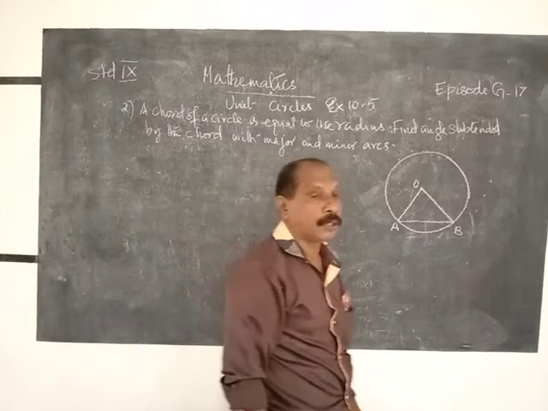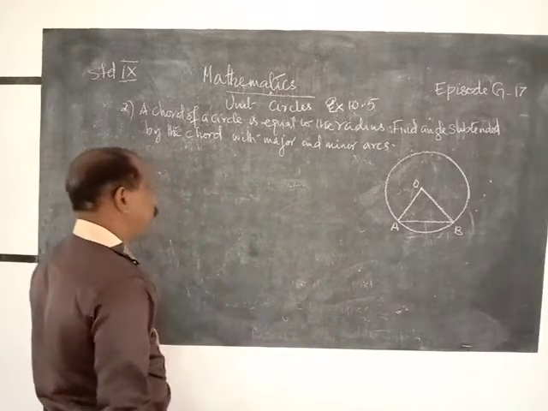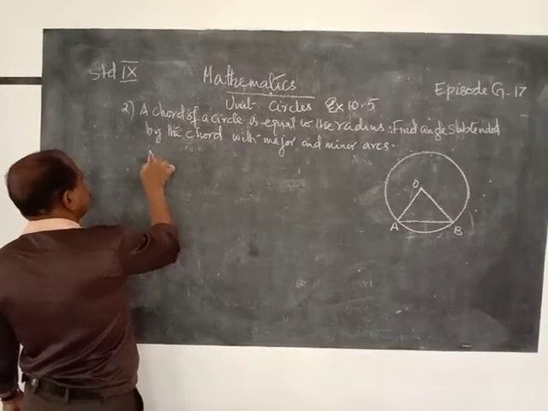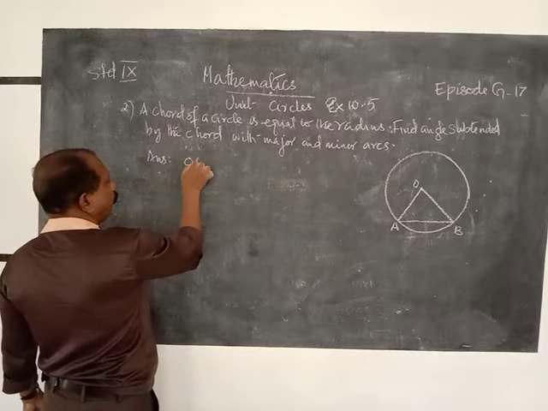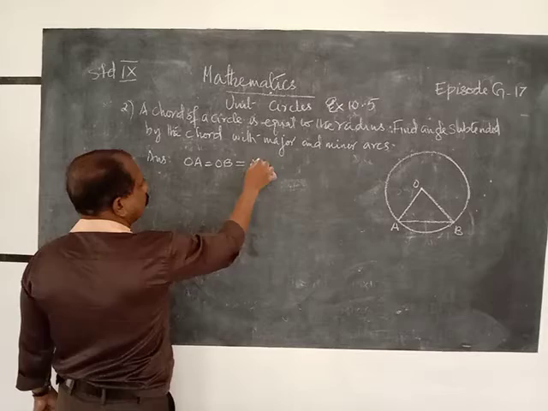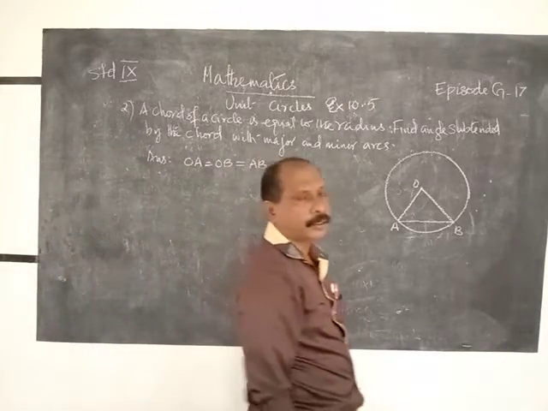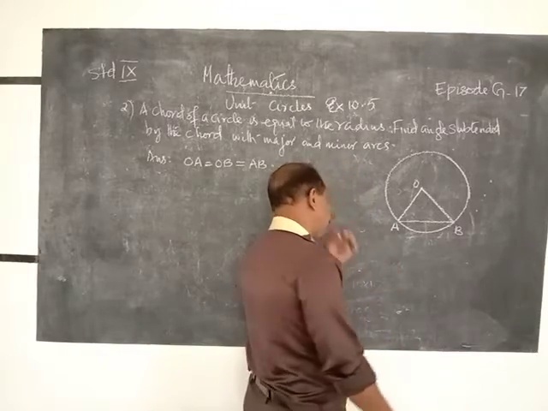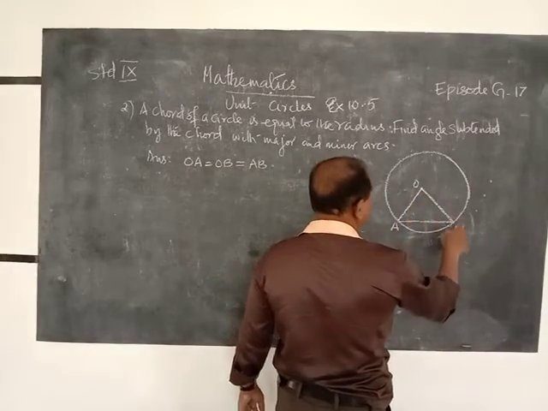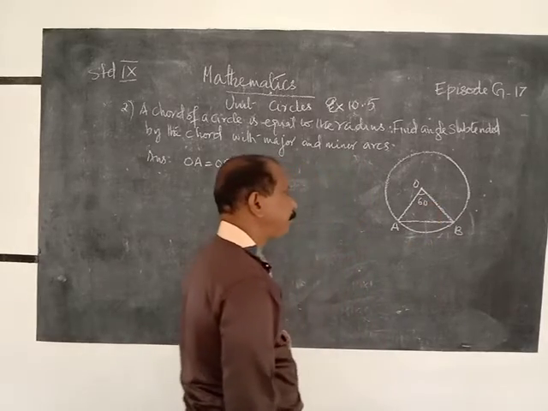AB is also equal to the radius. Answer: OA is equal to OB is equal to AB. They are equal, therefore this is an equilateral triangle. All angles are equal. Therefore, angle AOB is 60.